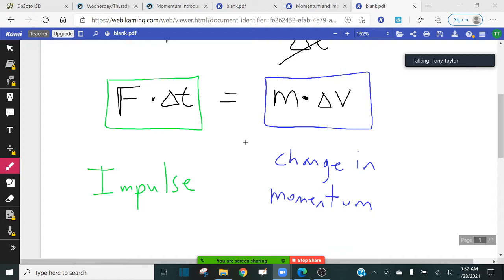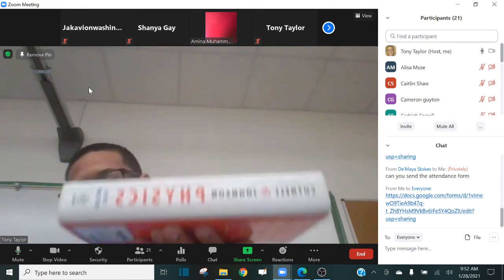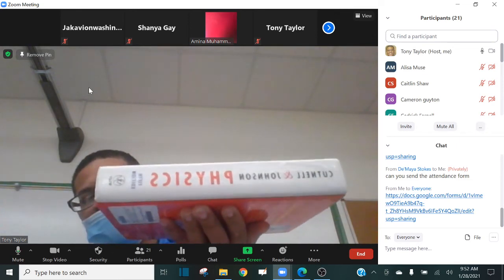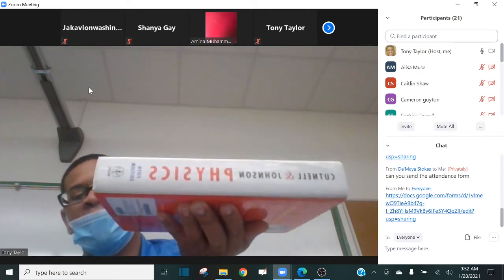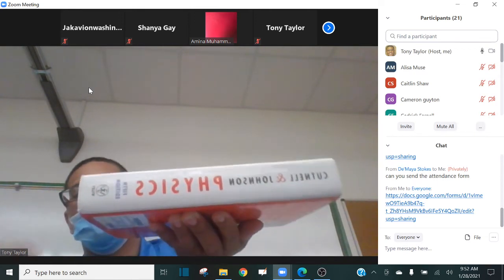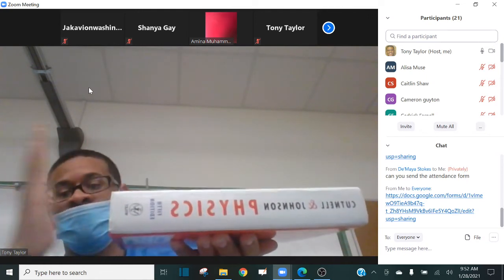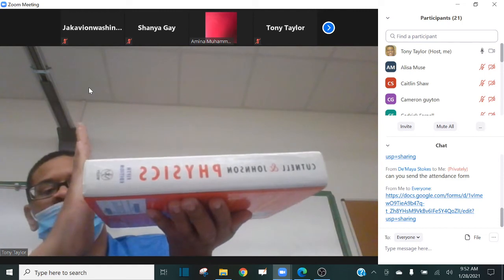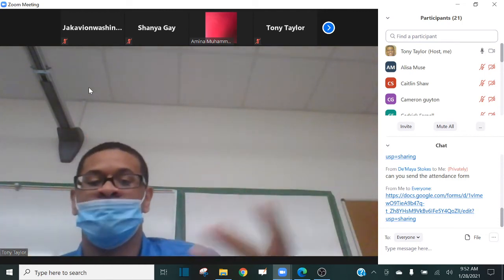Let me give you an example of this. So right now, this book is sitting in my hand. As the book is sitting in my hand, it's at rest. It has zero momentum. But if I want the object to change its momentum, that's easy. I just apply an impulse on the object because, what is an impulse? An impulse is a force acting over a period of time. So if I apply an impulse on this object, the book clearly changes its momentum, right?